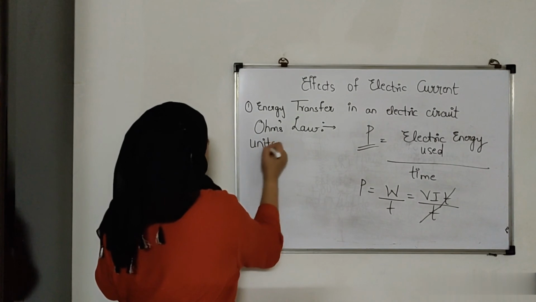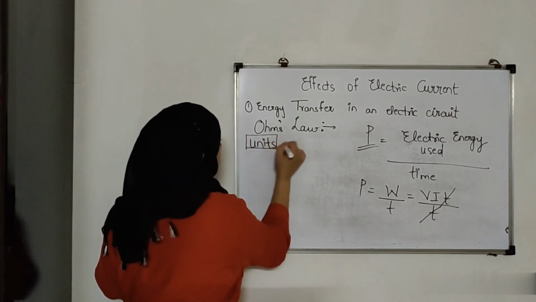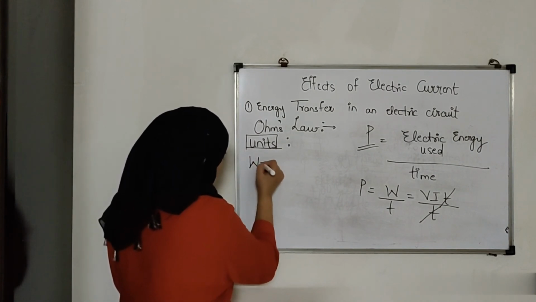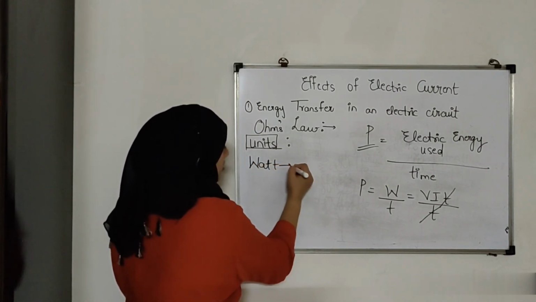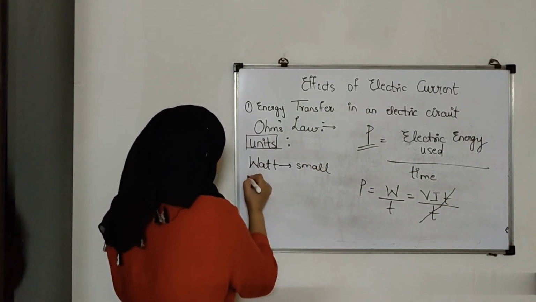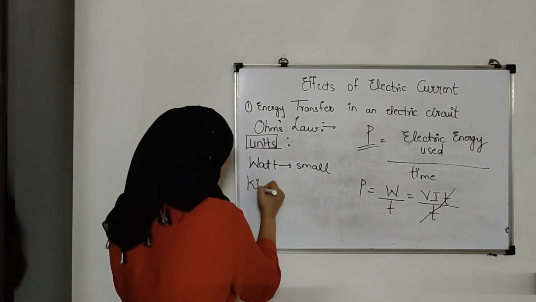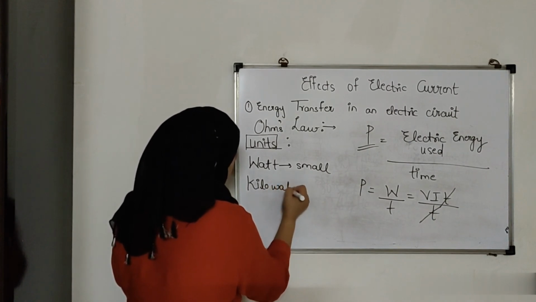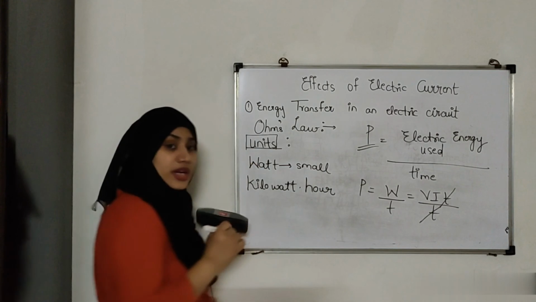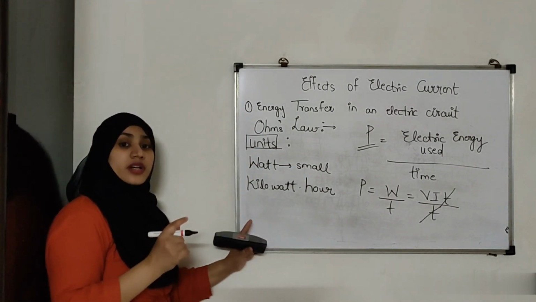Now what does this word unit mean to them? See, this watt is a very small unit. So what they have done is calculate how many kilowatts are used in 1 hour. That's how they make the bill.